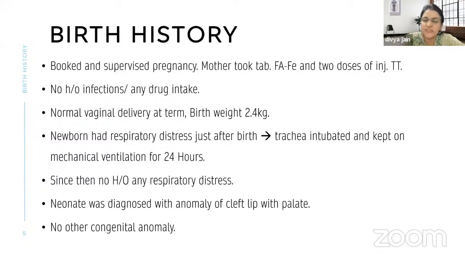Yes. What are the associated congenital anomalies which you come across? These defects, cleft lip and palate, are associated with many syndromes which may have other congenital anomalies. Mainly, I was looking for any cardiac anomaly, anomaly in the genitourinary system, or any central nervous system anomaly. You have various syndromes; more than 300 syndromes are associated with cleft lip and palate.